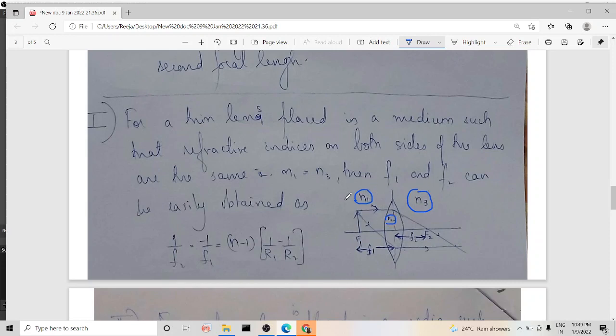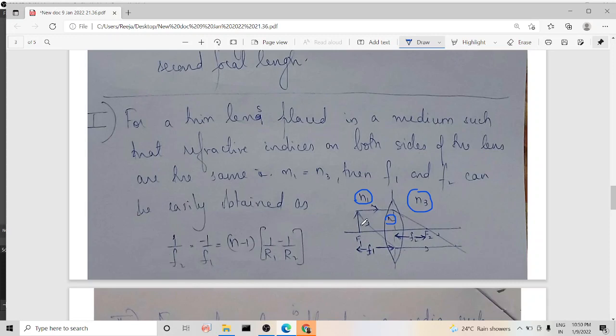If N1 is equal to N3, that is throughout you have a common medium, then F1 and F2 can be very easily obtained. This is a converging lens. For that, the second focal length F2 is positive. So in the last class we had written 1 by F is equal to N minus 1 into 1 by R1 minus 1 by R2.